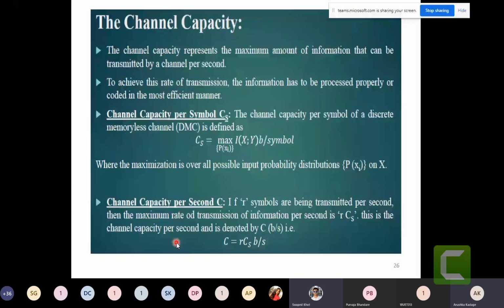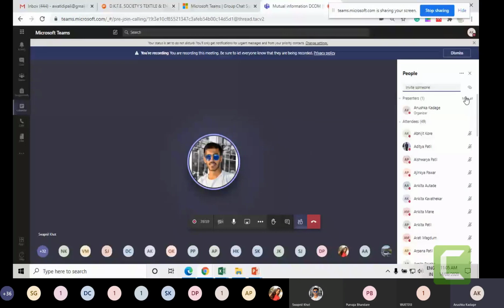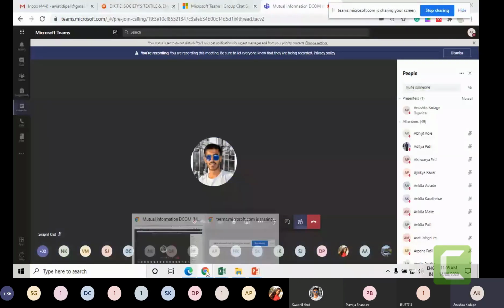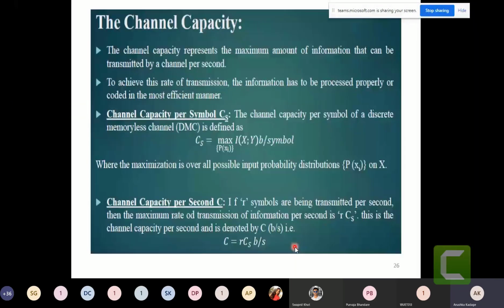So it is a measure of the amount of information transmitted by the channel per second. So again, the unit for the channel capacity will be what? Number of bits per second, because information measure is in terms of bits per second. And to achieve this rate of transmission, information should be processed properly or coded in an efficient manner.